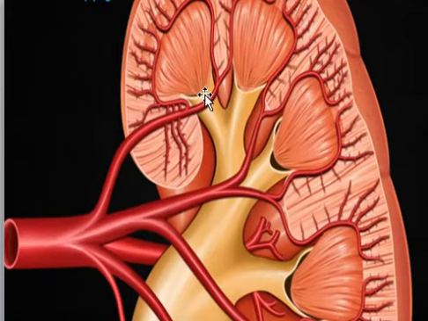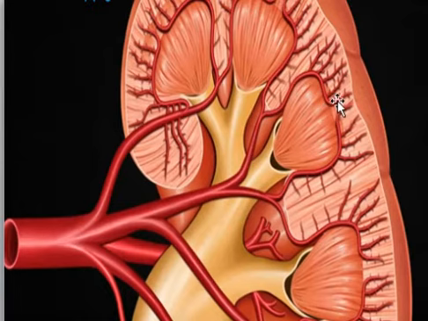It gives a branch to each lobe. This is called the interlobar artery. Then it arches, which is the arcuate artery, and gives what we call the interlobular arteries. This is interlobar, and this is interlobular.